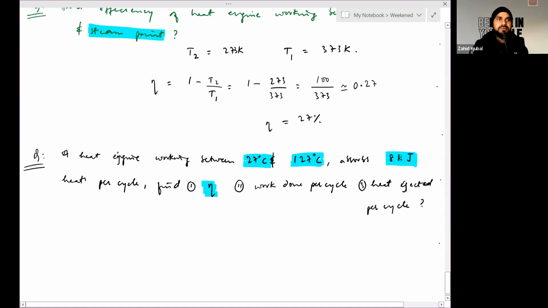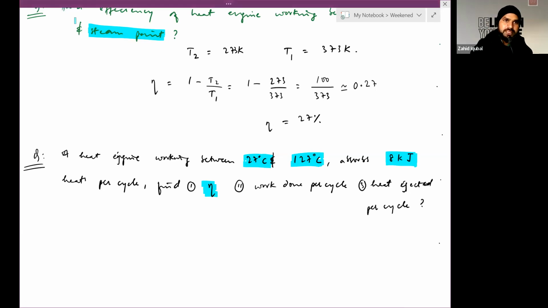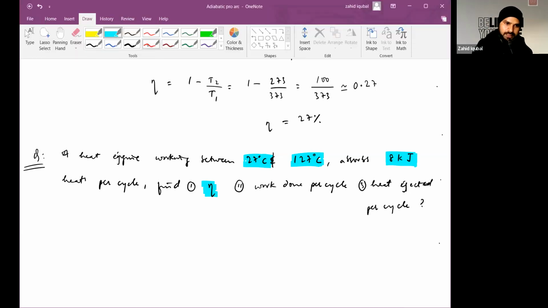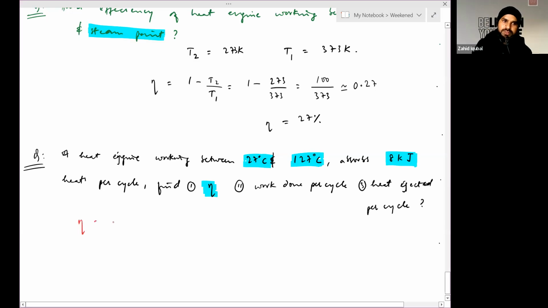Related to the above formula of efficiency in terms of heat, eta equals work by heat absorbed. You'll get work done, and work done is also equal to Q1 minus Q2. You'll get the value of Q2. Try to find it using this.